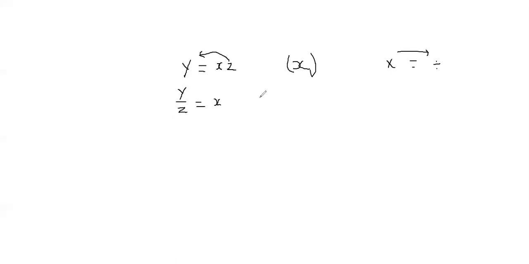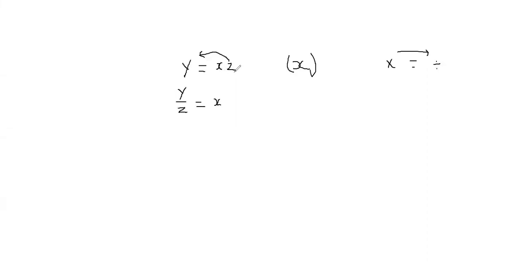All right. So we have Y equal to XZ. When we have two variables together, like XY, what are they doing? Multiplying. When you see something together like this, without any sign in between, they're multiplying.